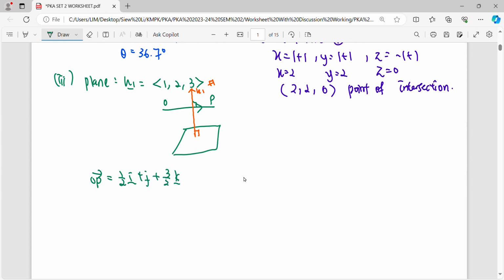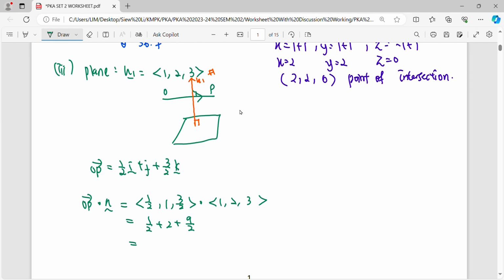plus j plus 3/2 k. To show that the normal and OP are perpendicular, we use the dot product. So dot your OP vector with the normal vector: (1/2, 1, 3/2) dot (1, 2, 3). You see whether this can get 0 or not. 1/2 plus 2 plus 9/2, can we get 0? What's the value you get here? 7. So not 0. Are they perpendicular?